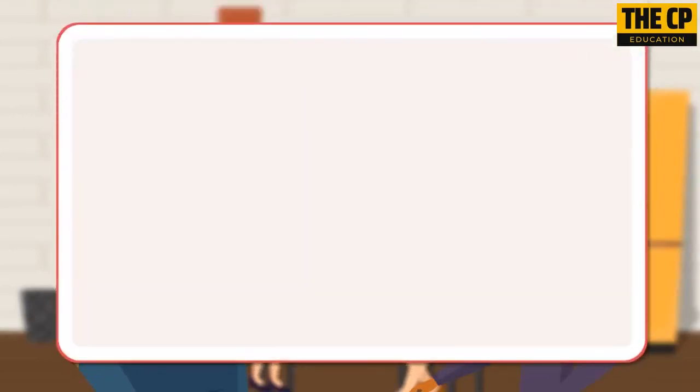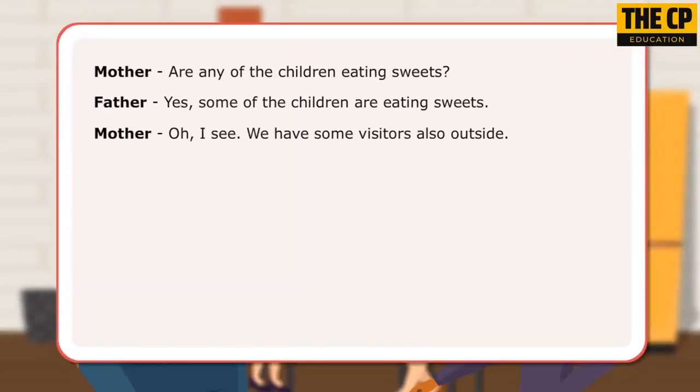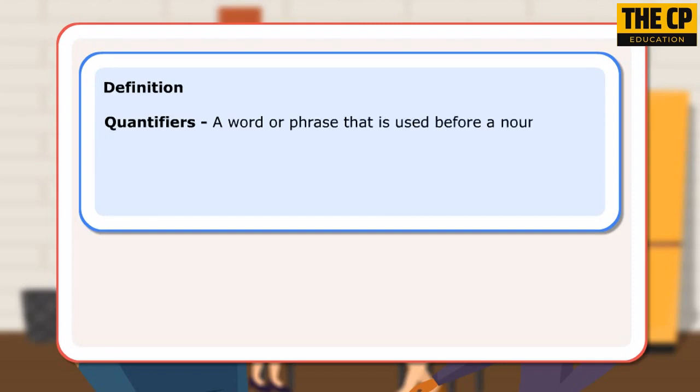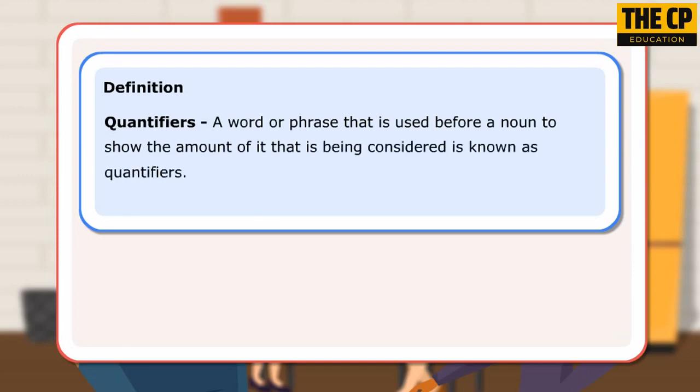In the conversation, the mother and the father have spoken about countable and uncountable things using quantifiers with and without of. Definition: a word or phrase that is used before a noun to show the amount of it that is being considered is known as a quantifier.